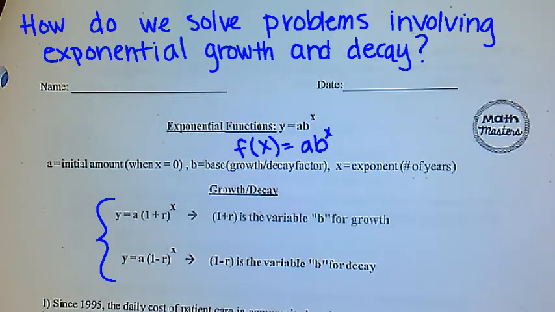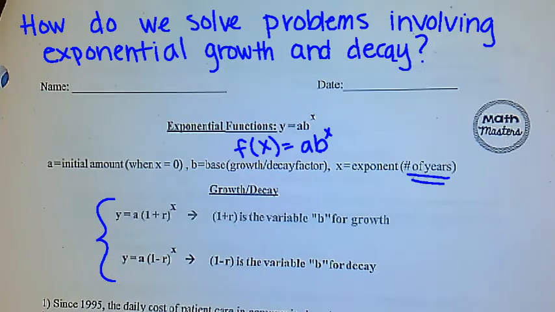And x is our exponent. Remember, if it is an exponential function, there should be an x in the exponent. In a word problem, x is going to represent the number of years. So remember that I said years as we go through today and day 5's lesson.